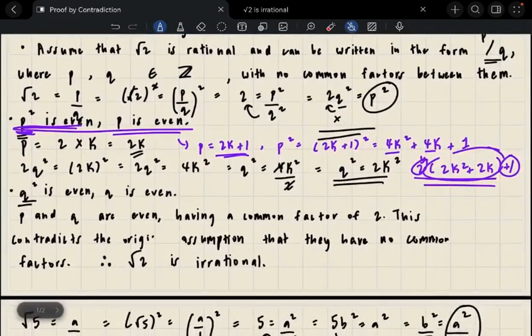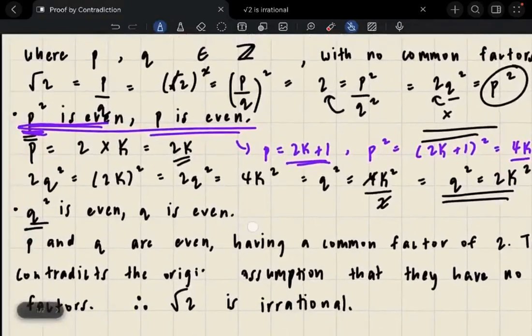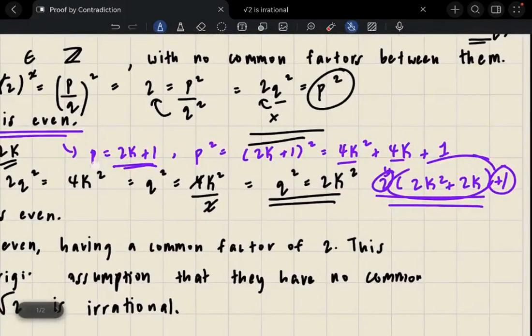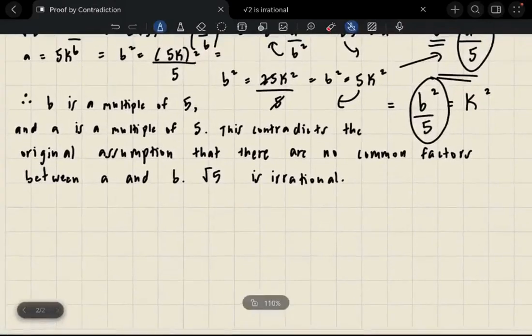I'm just going to do one last quick proof to show that any even number squared is going to be even and any odd number squared is also going to be odd. I basically showed it here. Actually, it's very much a similar thing. It's the same thing, but I'm just going to write it out again.